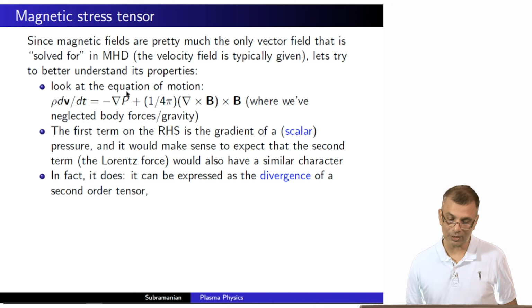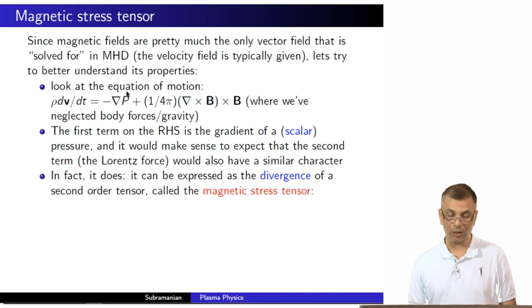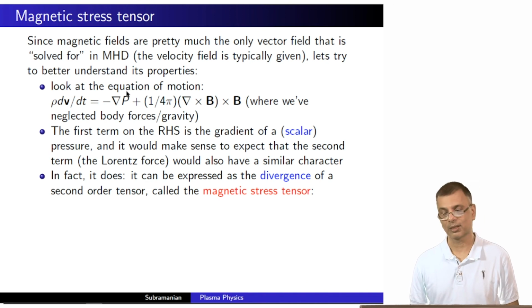It can be expressed as a divergence of a second order tensor, which is called the magnetic stress tensor.